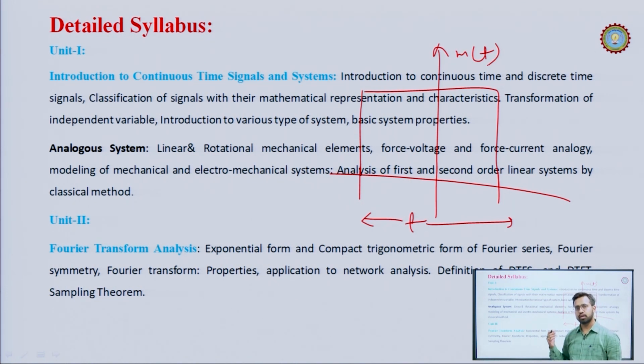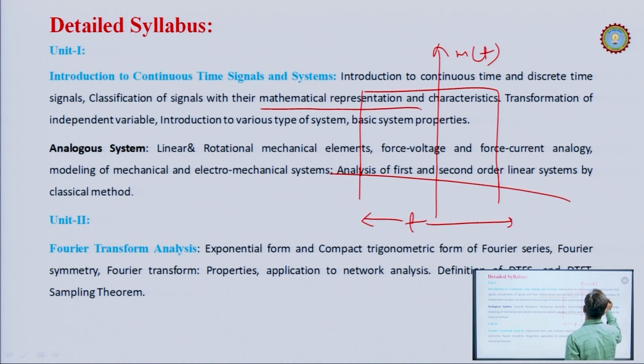Okay, so this was the representation in the form of a graph, on an axis or on a plane. But if we want to represent this in the form of a mathematical equation, what will we do?